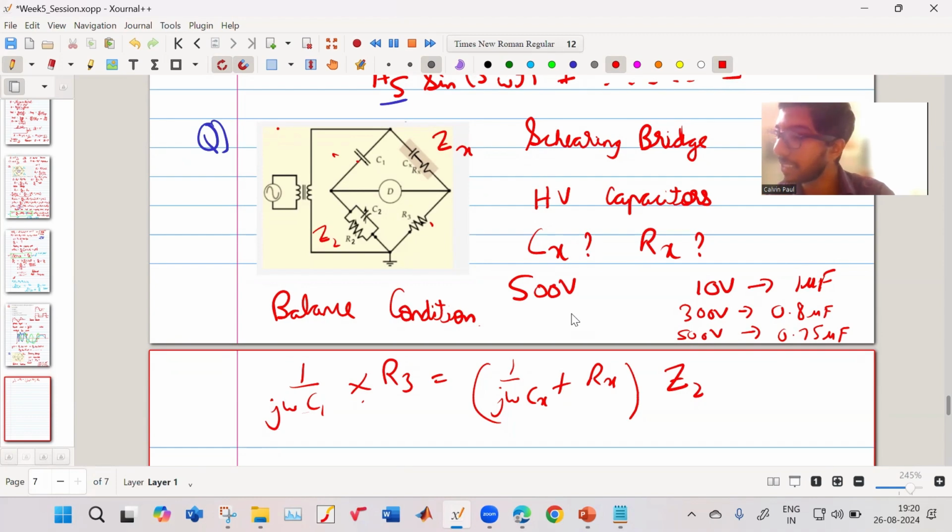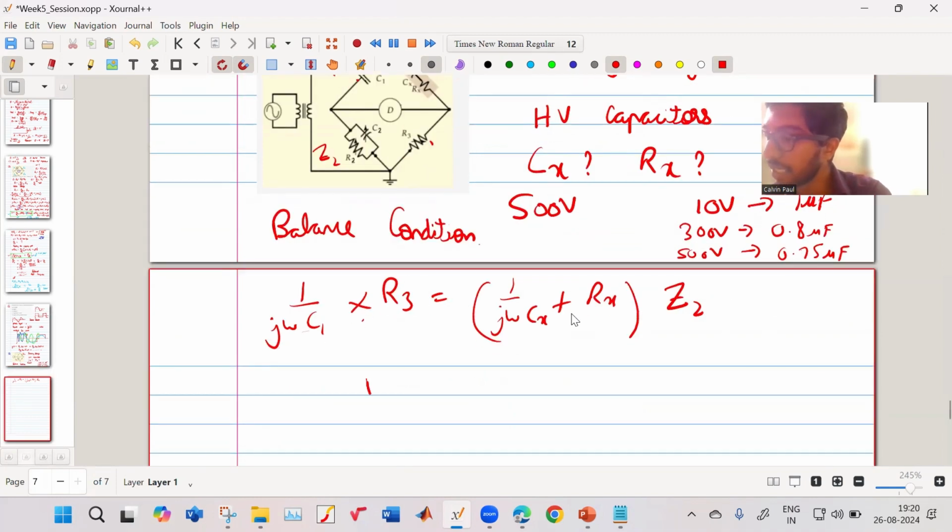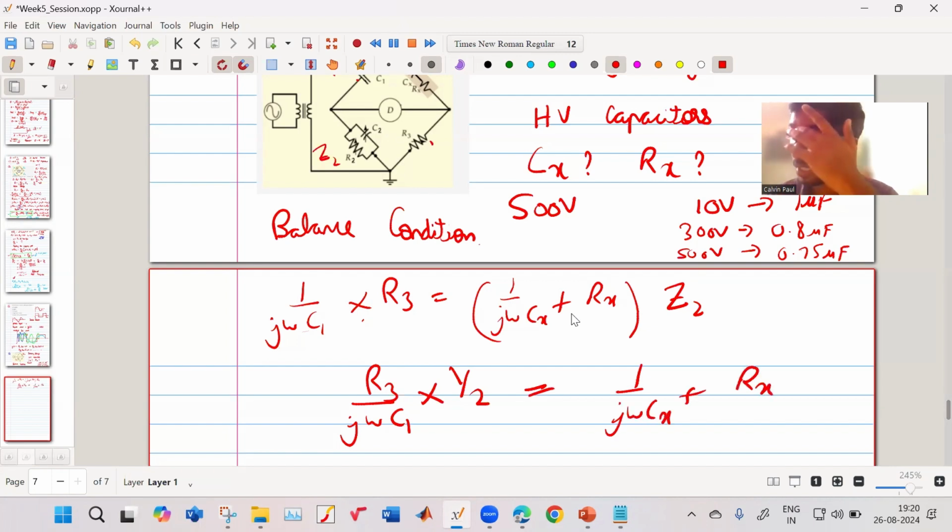So what I do instead is I write it as R3 upon j omega C1, and this Z2, when I bring it here, I will write as the admittance Y2. That is equal to 1 upon j omega Cx plus Rx.